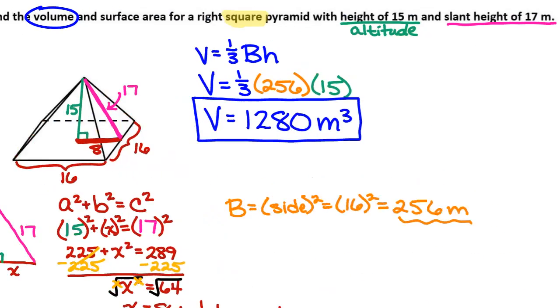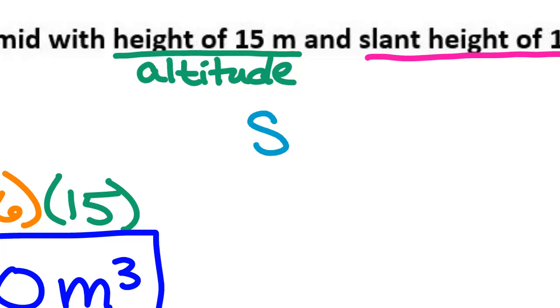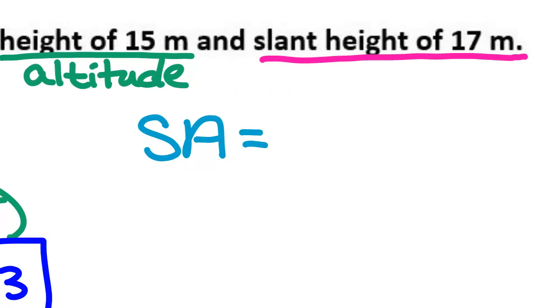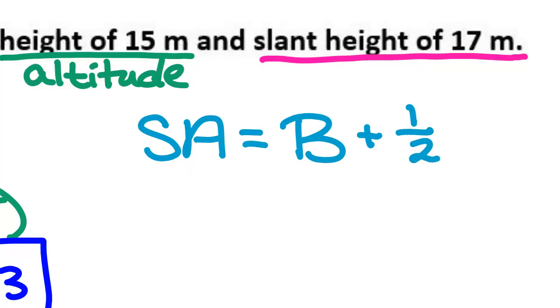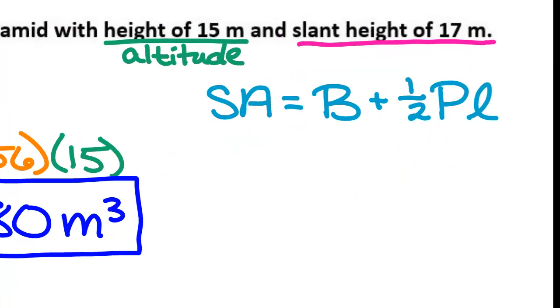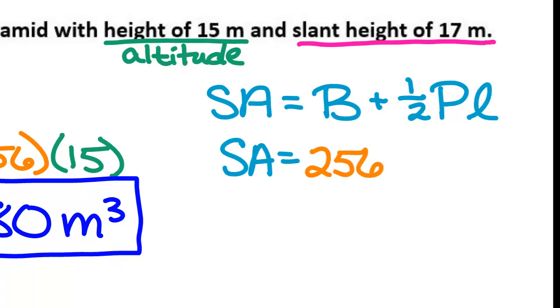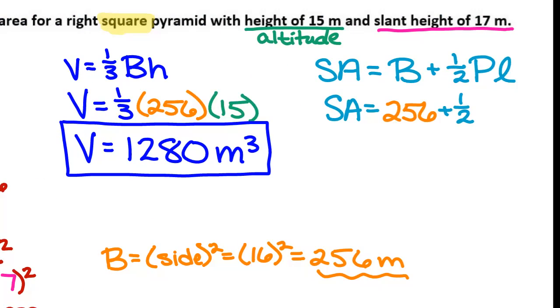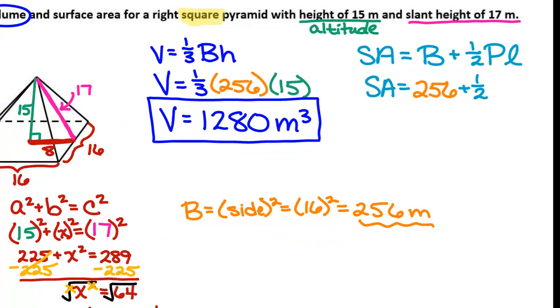All right. Then we have our surface area formula. Surface area is area of the base plus 1/2 perimeter of the base times the slant height. So we know the area of the base, that's 256, plus 1/2. Now we need the perimeter of the base.